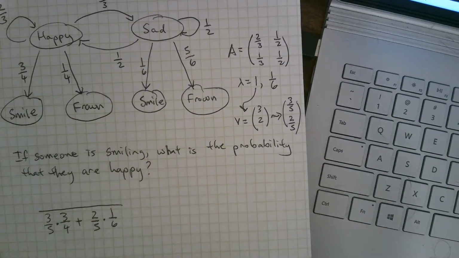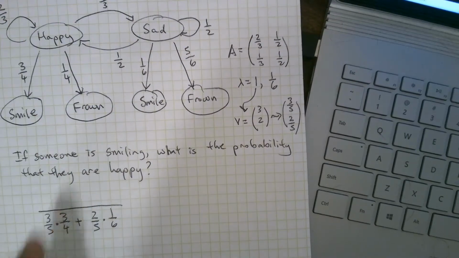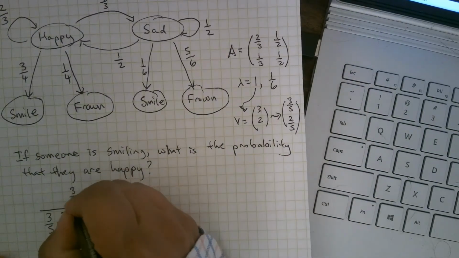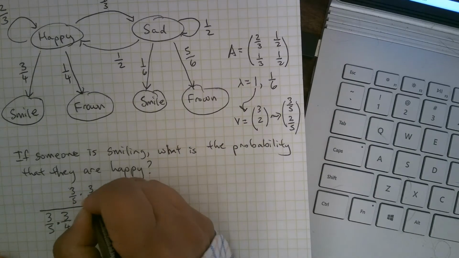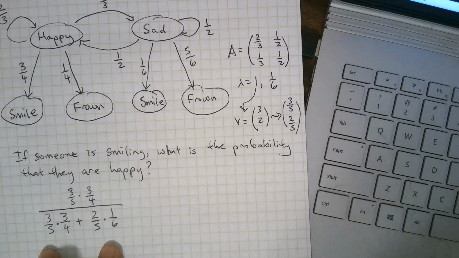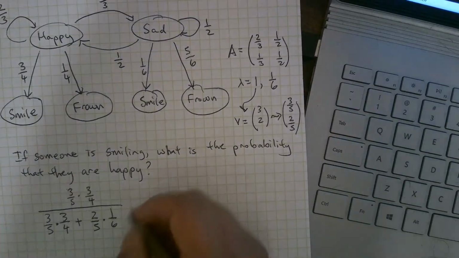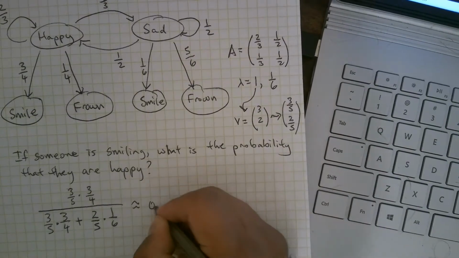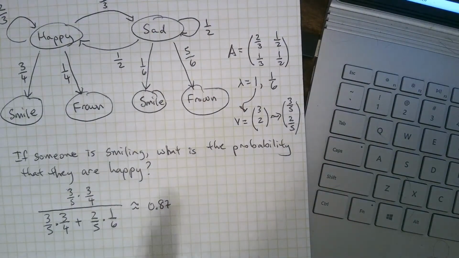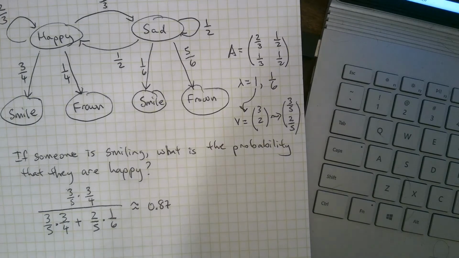And then the ones that we want are smiling and happy. So 3/5 times 3/4. I'm sure you could word this as a conditional probability, but I think it's cooler to just think about it like this. Okay, and then we calculate it, and I think it works out to about 0.87. So if you're smiling, then you have an 87% chance, approximately, of being happy.